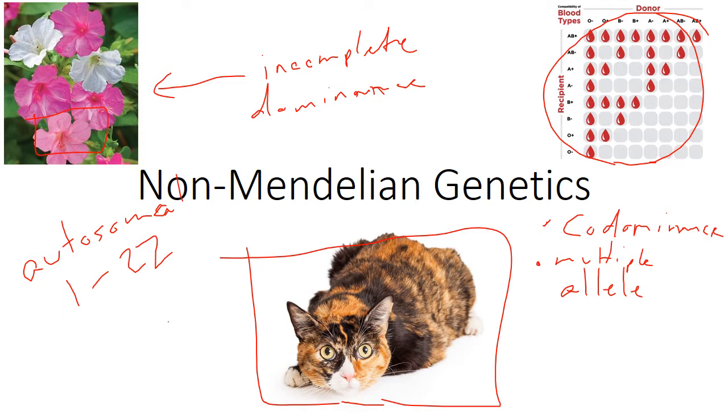Calico cats, which is what you see right here, is a sex-linked trait for fur color. It's on the orange and black fur. It's on the X chromosome, and also codominance, because if a female cat has both orange and black, they will show equally. So you see this orange and black fur.